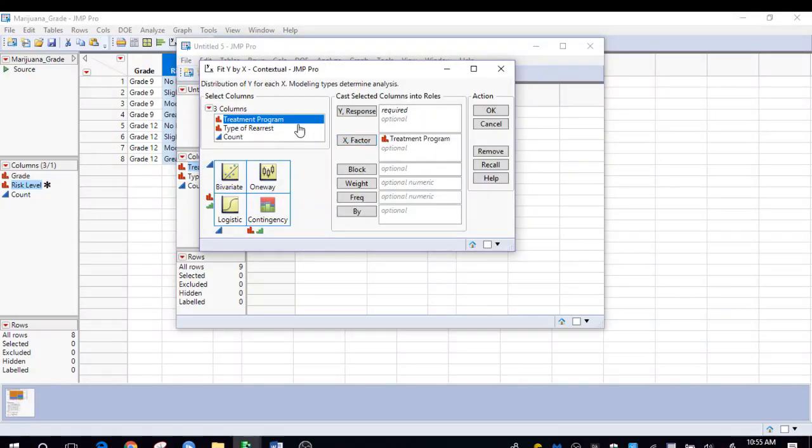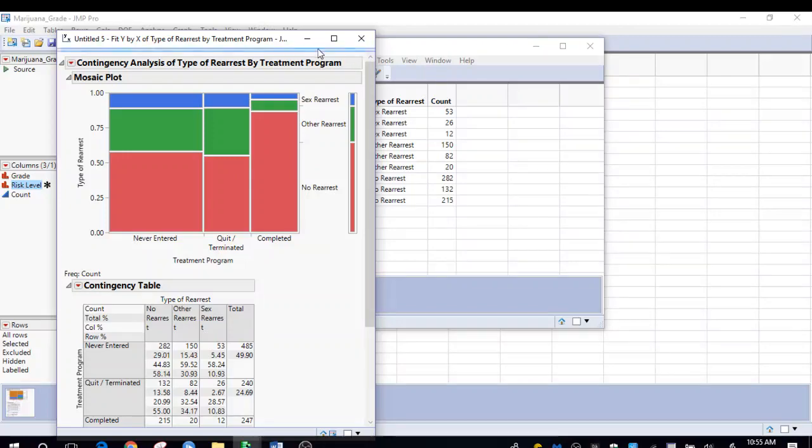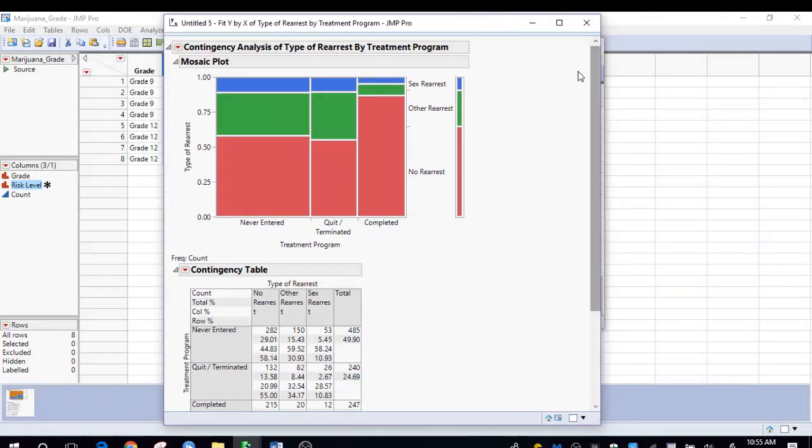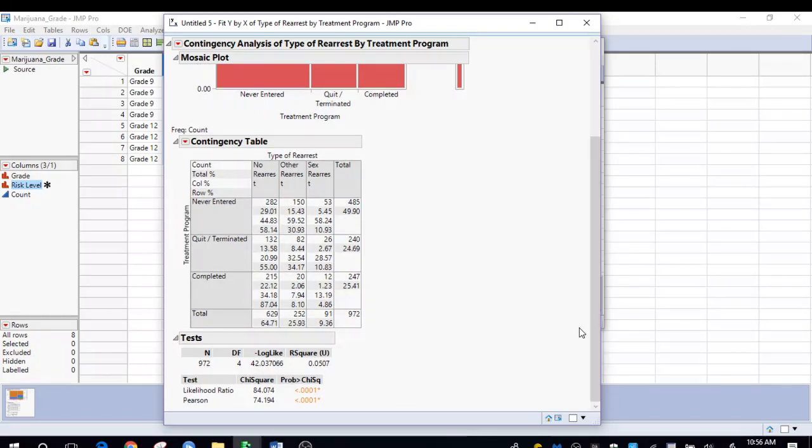Treatment program is my predictor, my response is type of rearrest, and the count here. That's what the data would look like in a mosaic plot. The no rearrest is the red boxes, so we want that to be high, and it looks like it is indeed highest for the completed group. I have my contingency table down below, and then also my test.